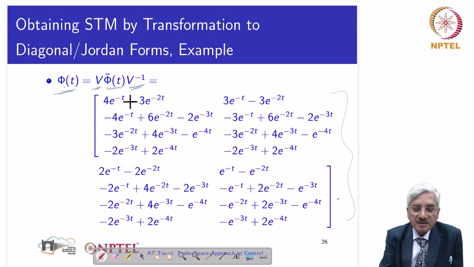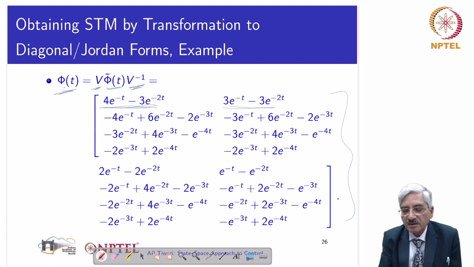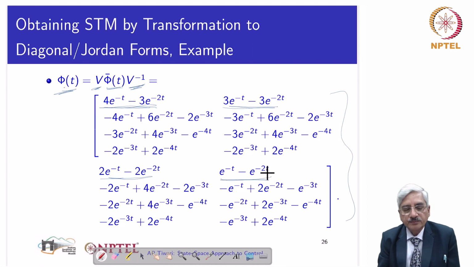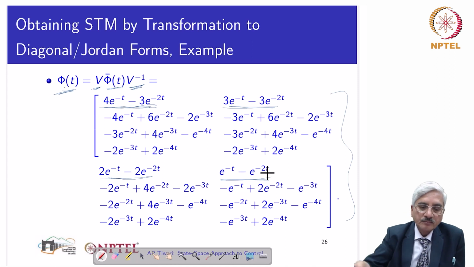So we do that by substituting t equal to 0. We obtain this diagonal entry as 4 minus 3, which is 1. This will be 3 minus 3, which is 0. 2 minus 2, 0. 1 minus 1, which is 0, and so on. That is the least one can do after computation to be confident of the mathematical manipulations, which are generally prone to errors.